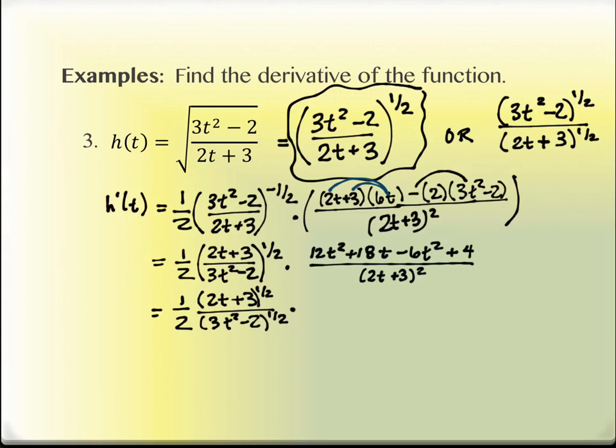And over here, we have 12t squared and negative 6t squared, so that's 6t squared, and I have plus 18t minus 4. Is it plus 4? Thank you. And then I still have 2t plus 3 squared. I'm zooming in and out constantly on my iPad. That's why I lose signs, just to let you know. Please correct me every time.